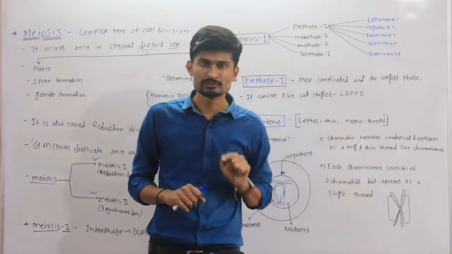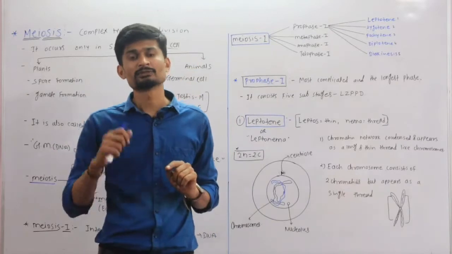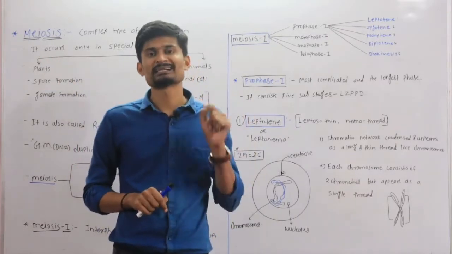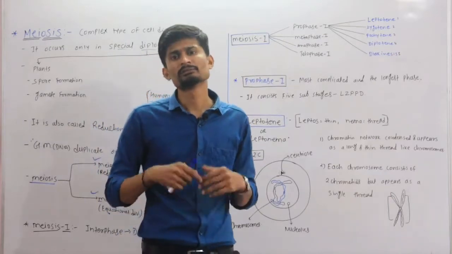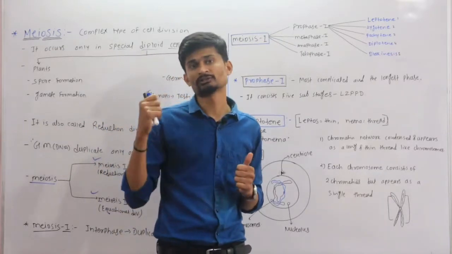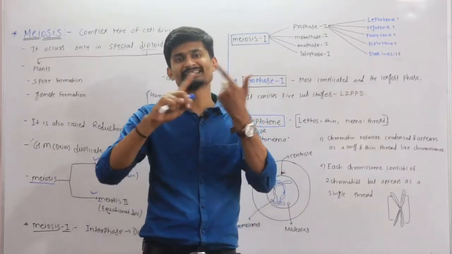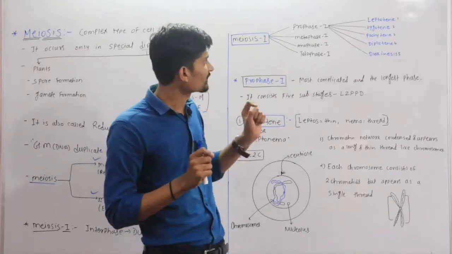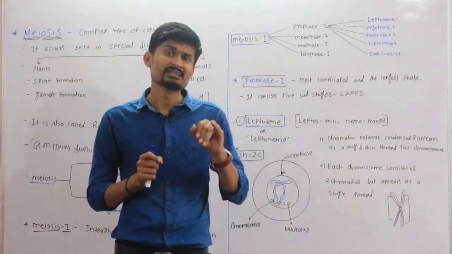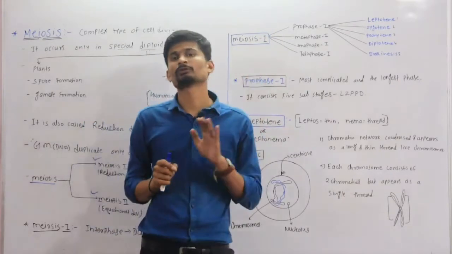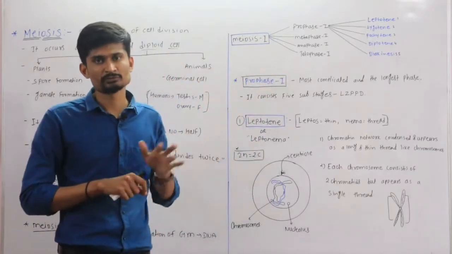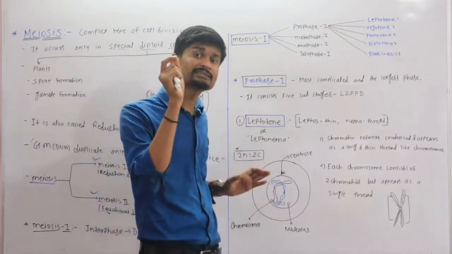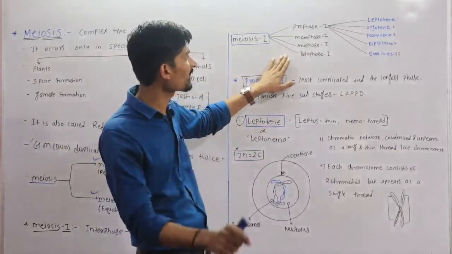These 5 substages of prophase 1 are not present in mitosis, and they are responsible for the variation, because meiosis produces variation due to the exchange of genetic material, and that exchange takes place within these 5 substages. Reduction of the chromosome number also takes place in these 5 substages. So we have to study all of them.